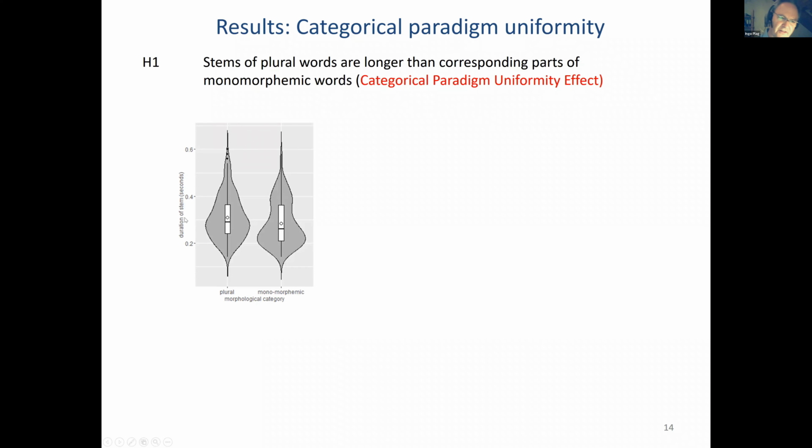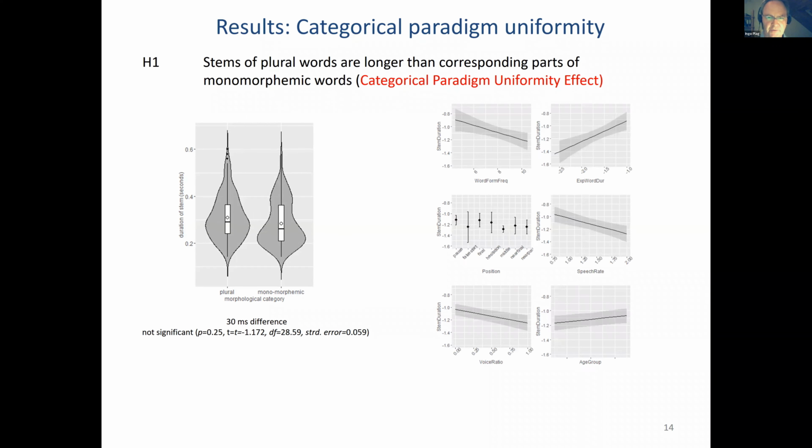You see here on the y-axis the duration of the stem, and you see the distribution in the violin plot, and you see the median here, and the mean. That's the dot, I believe. The dot is the mean. And there is a difference in the mean, but this is not significant. So in other words, we don't find the categorical paradigm uniformity effect.